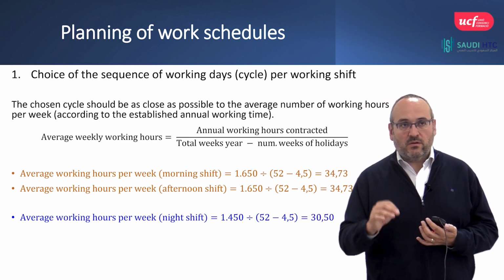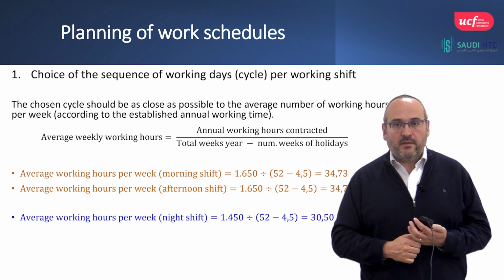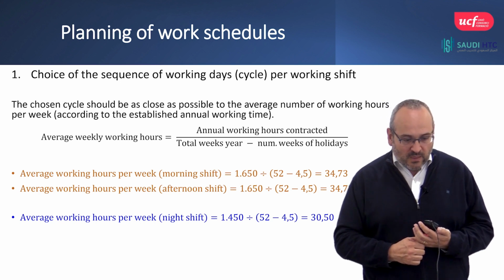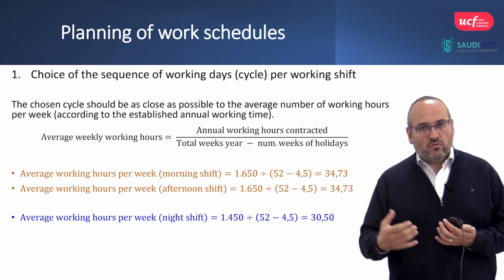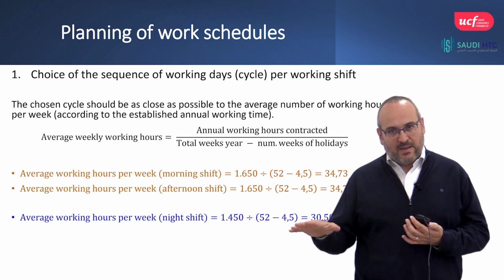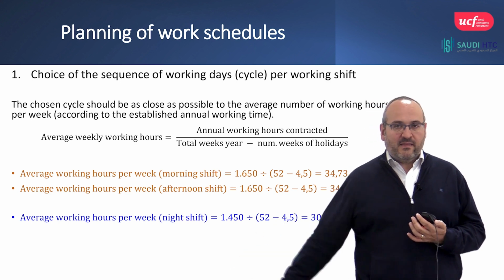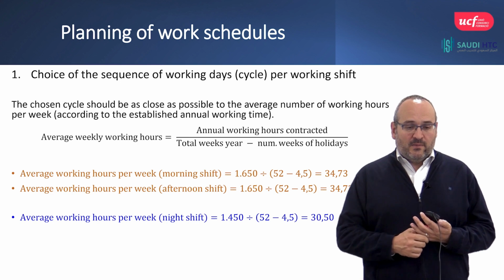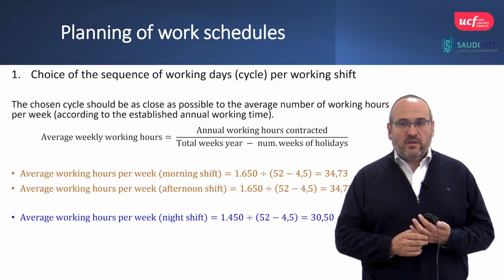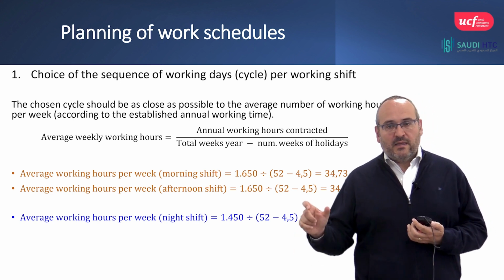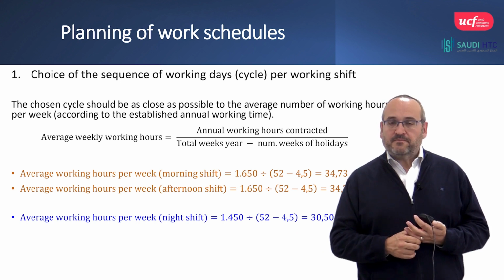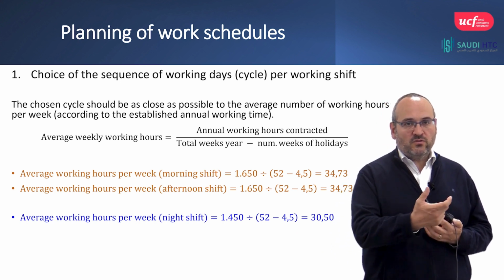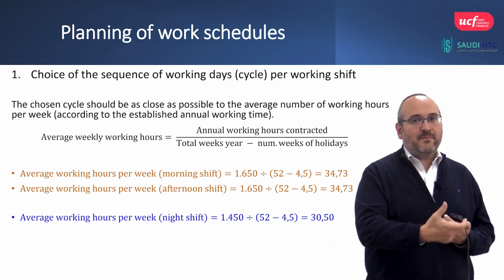We will see an example of what we are going to say next, which is the choice of that work cycle. When we choose a work cycle, apart from choosing which day and the number of days to work, we have to consider that the actual number of working hours of that person is as close as possible to the planned working day of that person.